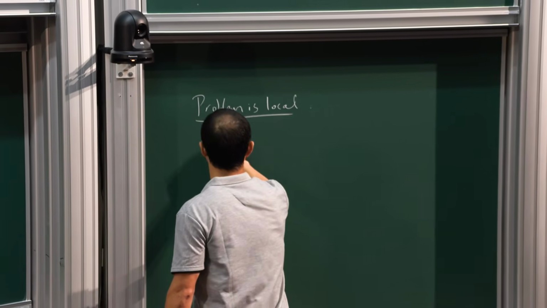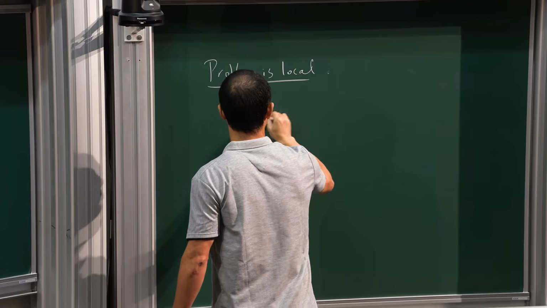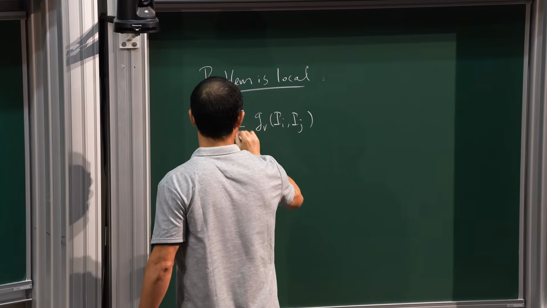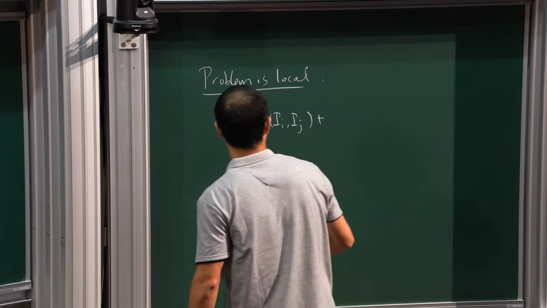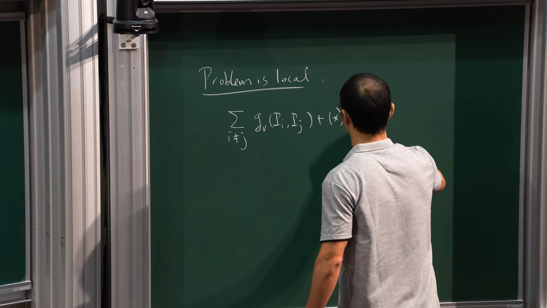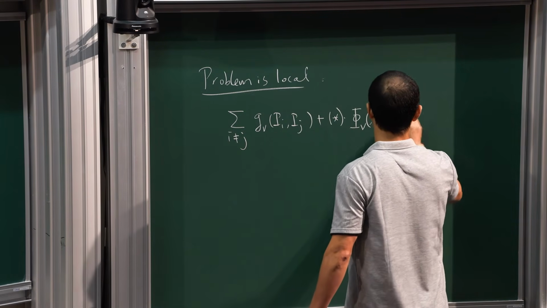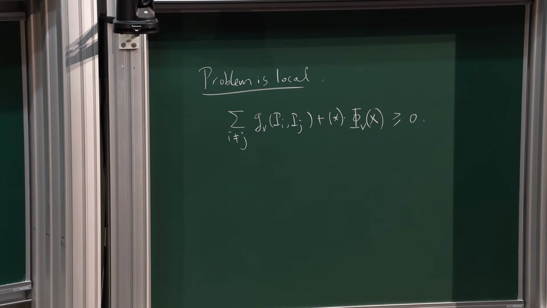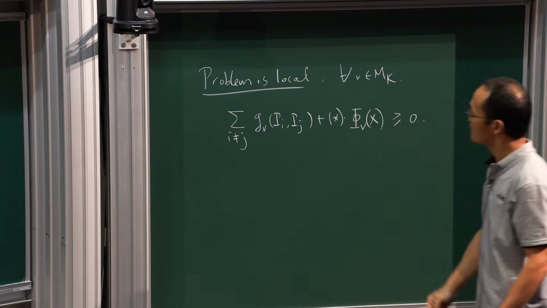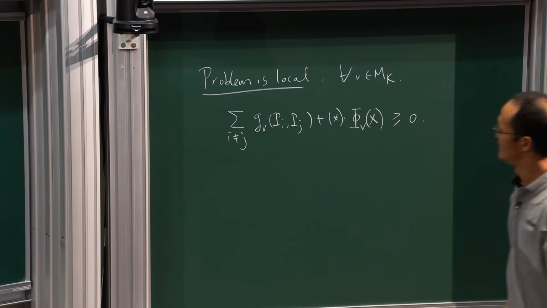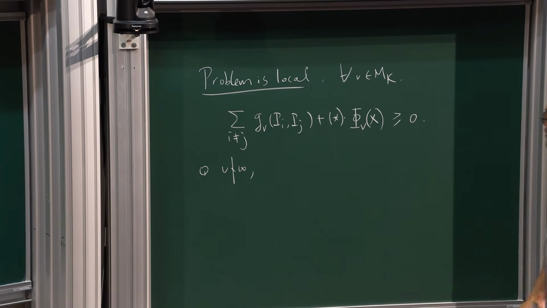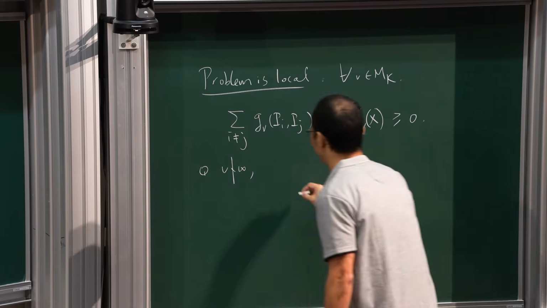So we want to do a summation of G_v(P_i, P_j), i not equal to j, plus some constant here, and then this φ_v(x) greater than or equal to 0. So for every place, if v is non-Archimedean, this is by graph theory.